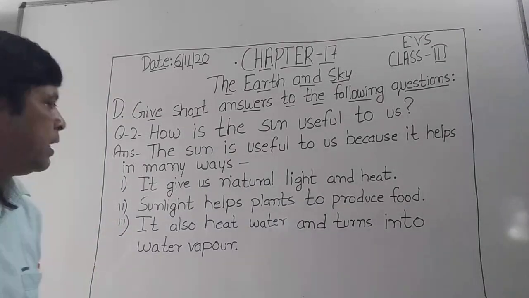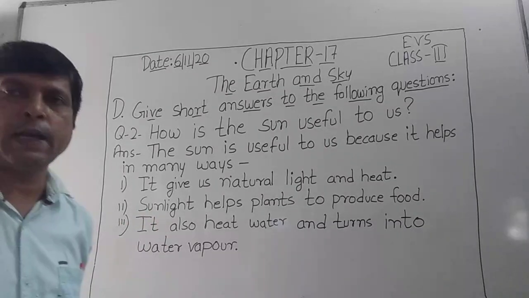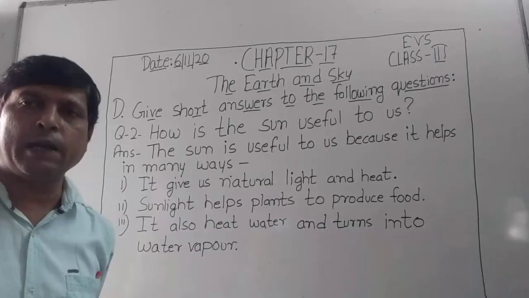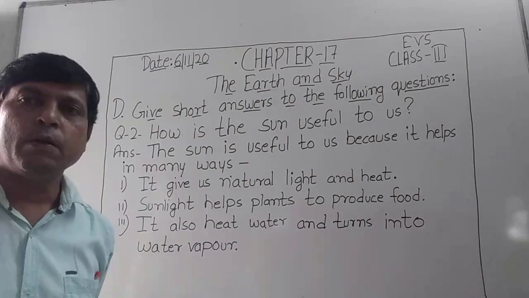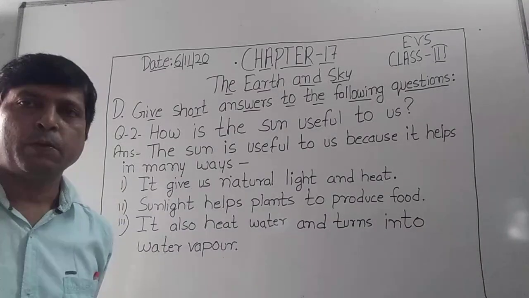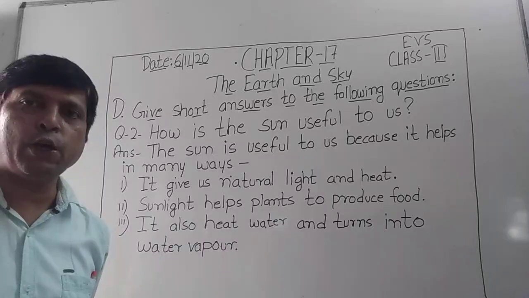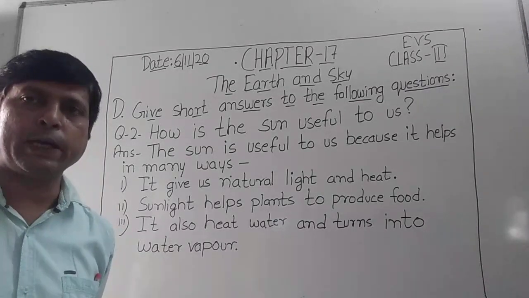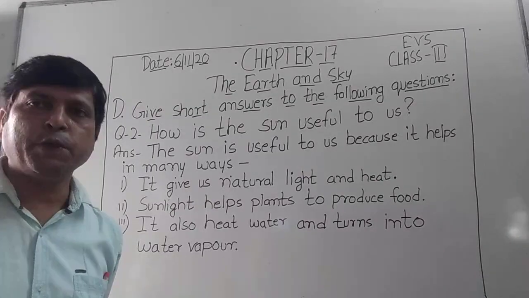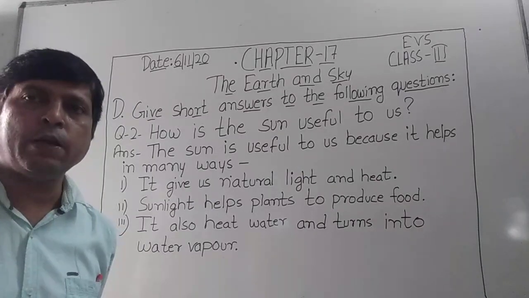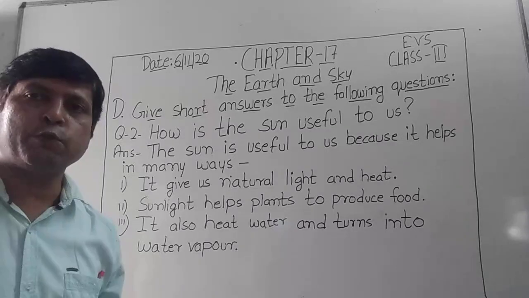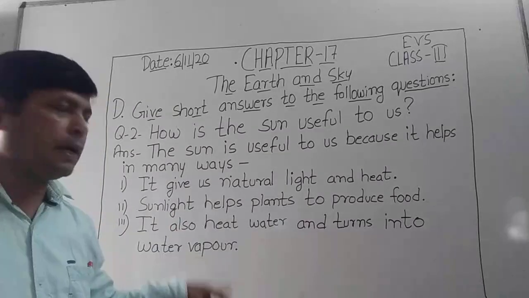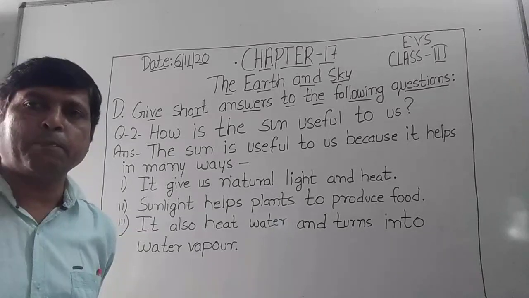But if there is no sunlight, plants are unable to prepare their own food, because we all need energy, and we get this energy from the food which we eat. So sunlight is very important for the plant.